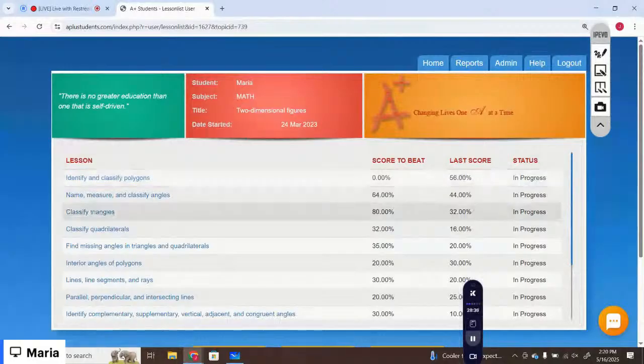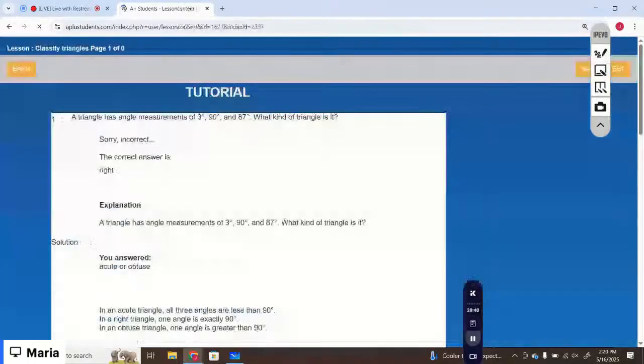The next lesson is classify triangles. A triangle has angle measurements of 3 degrees, 90 degrees, and 87 degrees.